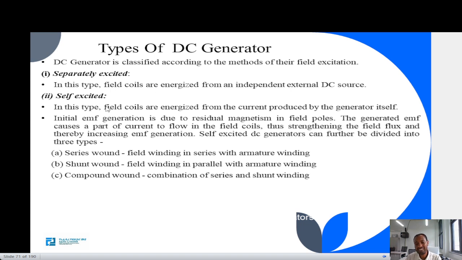But when we say self-excited, the field coils and the armature coils are supplied from one generator itself. There is no need of having two different supplies. Due to this, it is called self-excited. For the excitation purpose, it provides the voltage from itself. This self-excitation, like I said previously, is divided into series, shunt, and compound generators.